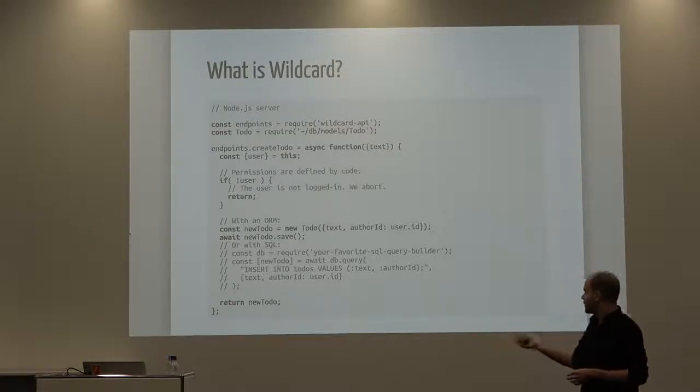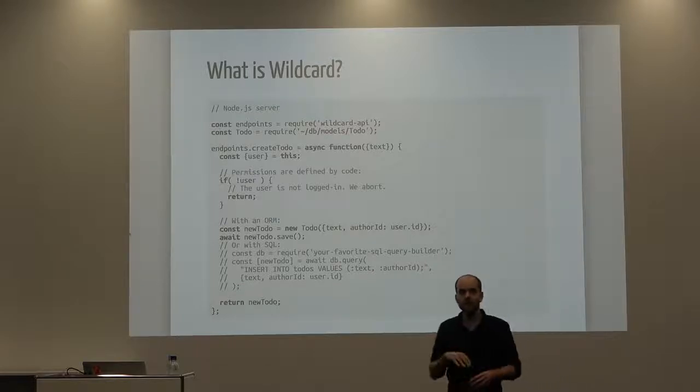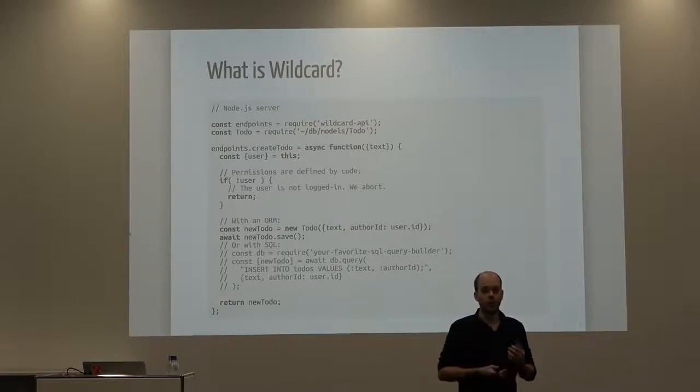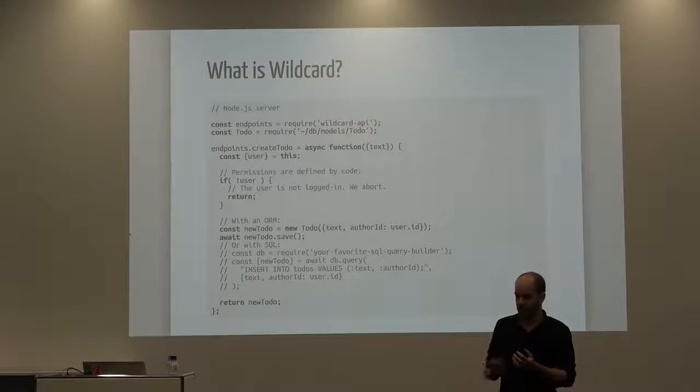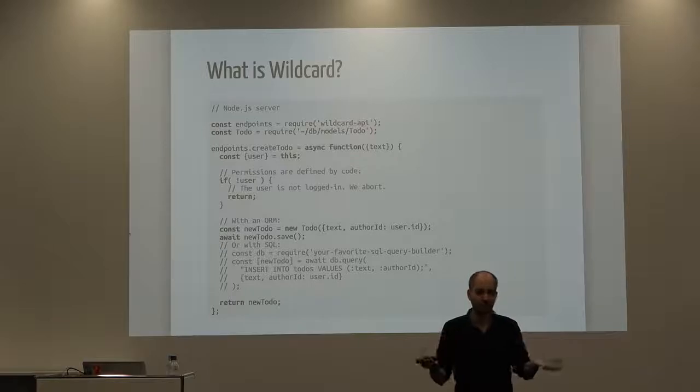And you can do this for all kinds of permissions. If you want to modify a to-do, and you only want to allow the author of the to-do to modify it, you check if the user that's logged in is the same user as the author of the to-do. If that's the case, then you run the SQL query.